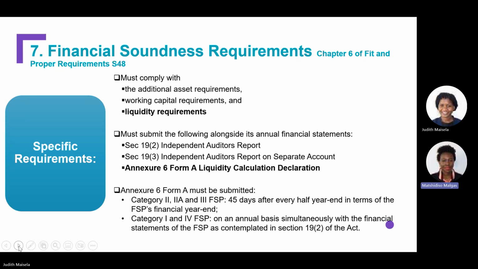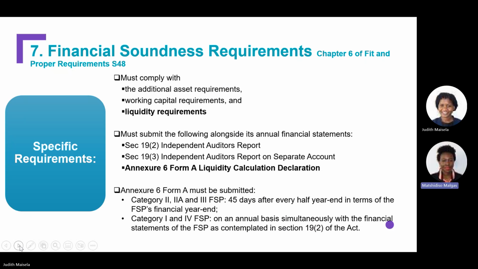These are the independent auditor's report, which is a requirement in terms of Section 19.2 of the FAIS Act, and also the independent auditor's report on separate accounts, which must be submitted in terms of Section 19.3. This is a report for FSPs that collect client premiums or FSPs that hold client assets.